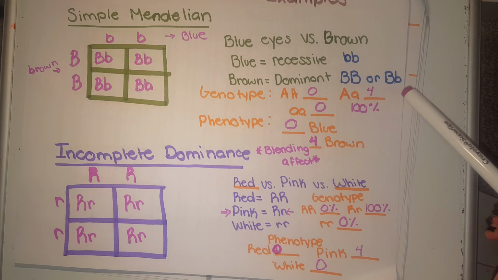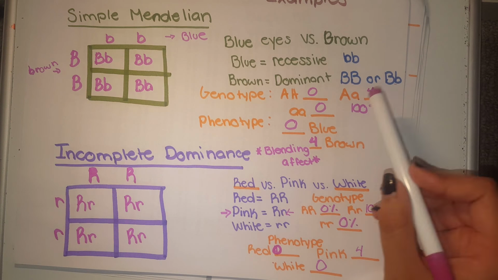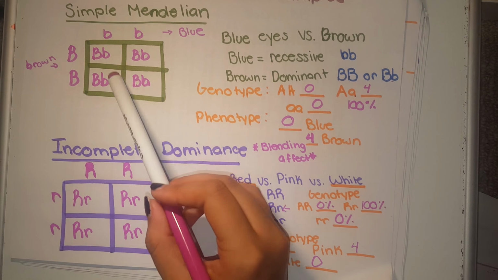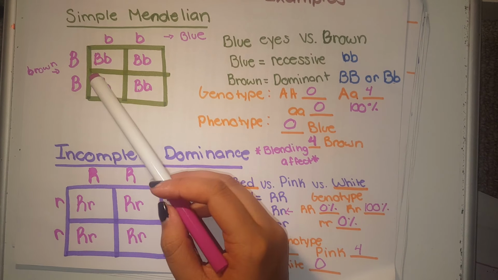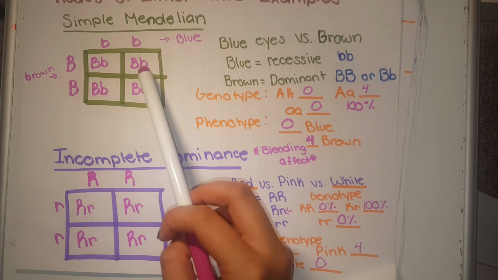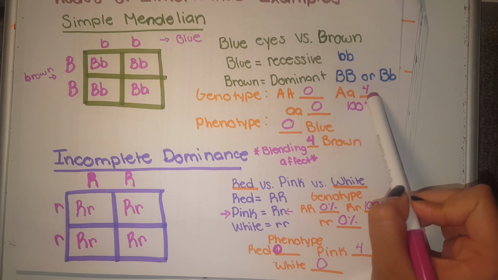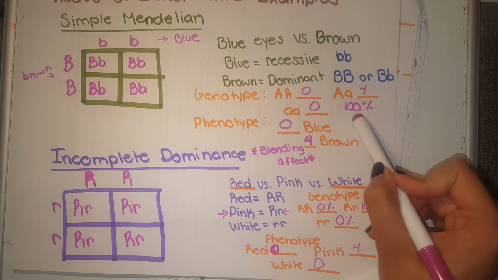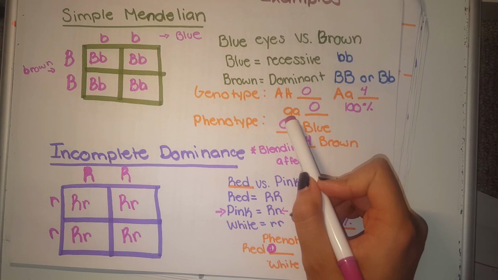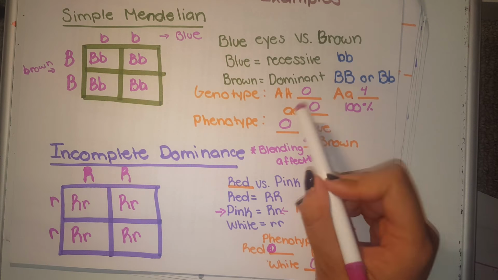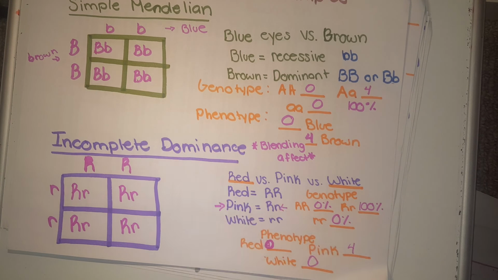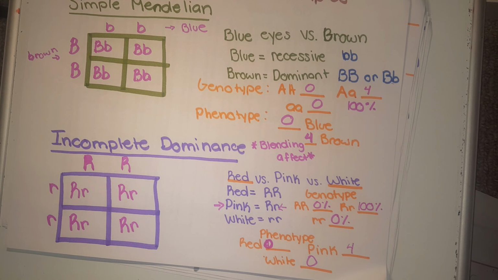If we look for heterozygous, one big B or A with a little a, we can see that we do have heterozygous pairs, because all of these have one big and one small together. They're partnered up, so we will write 4, or you can write 100%. Next it's asking for homozygous recessive, which means two little letters. We can see that there are no two little letters, so that will be a 0.